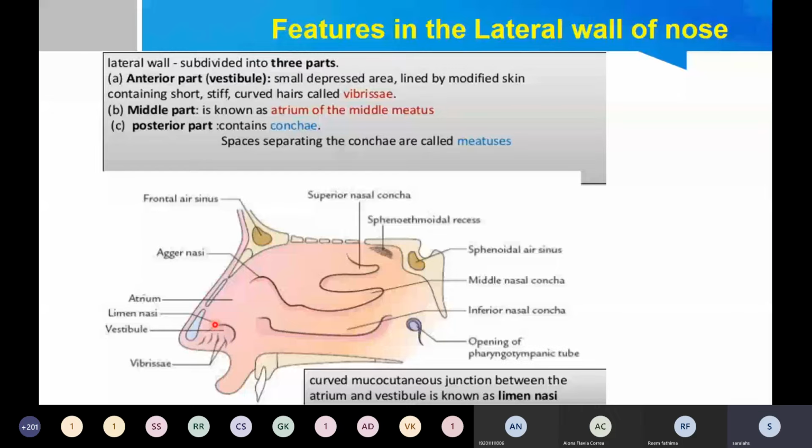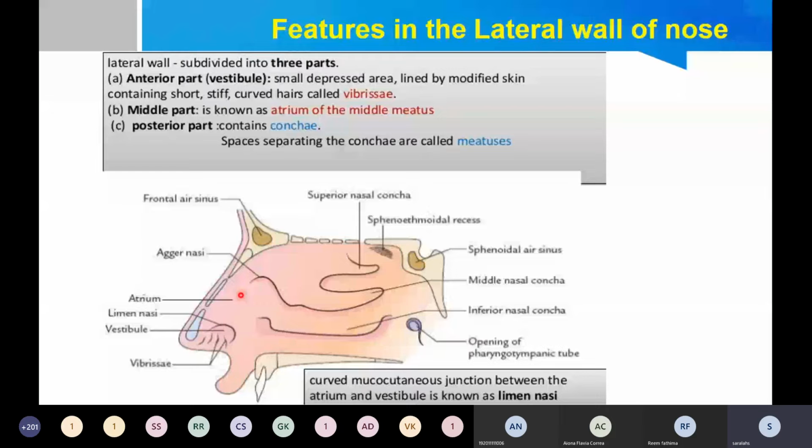This curved line is called the limen nasi, which is the junction between the mucosa and the skin, between the anterior part and the middle and posterior part. So it is the junction between the atrium and the vestibule. Understood? So that is the limen nasi. This is the skin covered area, that is cutaneous area, and the rest of the lateral wall is the mucus covered area. So mucocutaneous junction is represented by limen nasi.